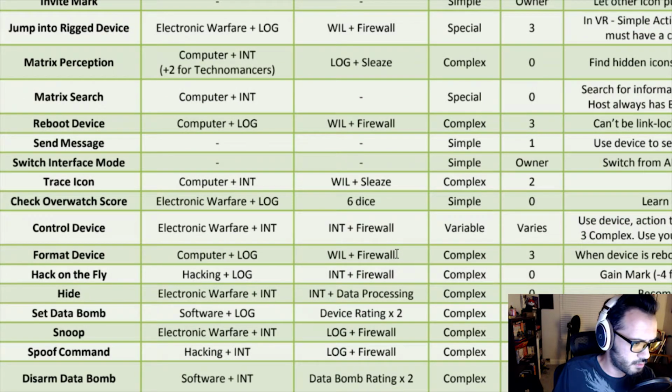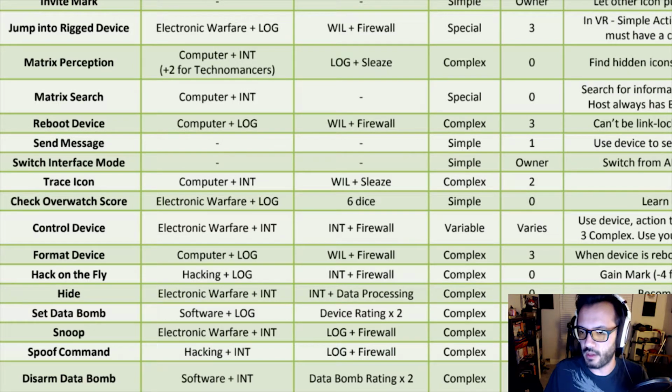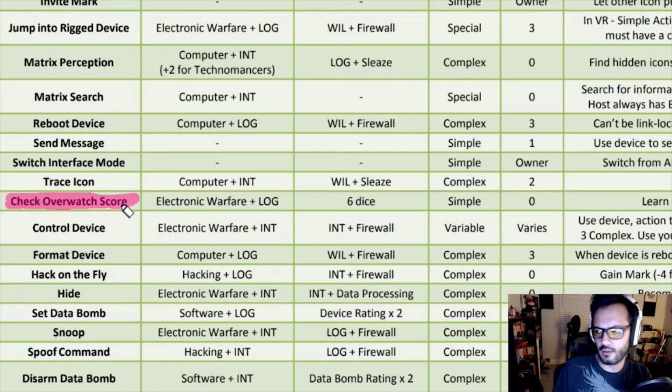That's about it. A couple of things that you may not use so often, but it's good for you to know about these actions are check Overwatch score. Check Overwatch score is very handy. It does not tell you what your Overwatch SR is and why you're stuck in bronze. Instead, Overwatch score, it's a whole other system in Shadowrun that basically lets you check to see if the Matrix police are keeping track of you.